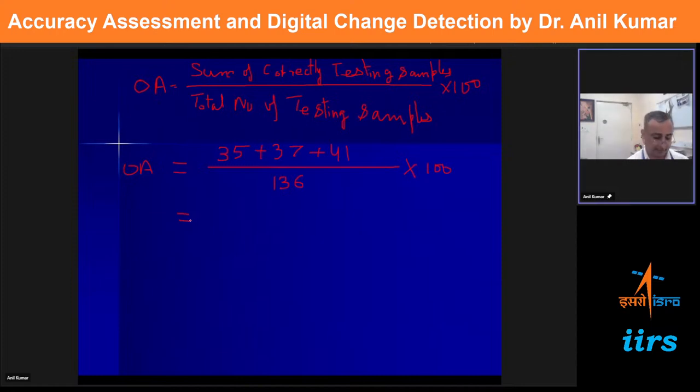If you take 35 plus 37 plus 41, it comes to be 113, divided by 136, multiplied by 100.